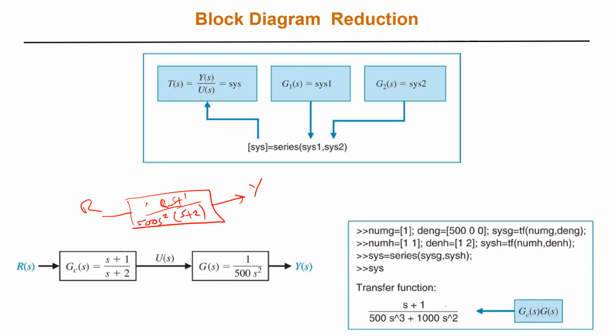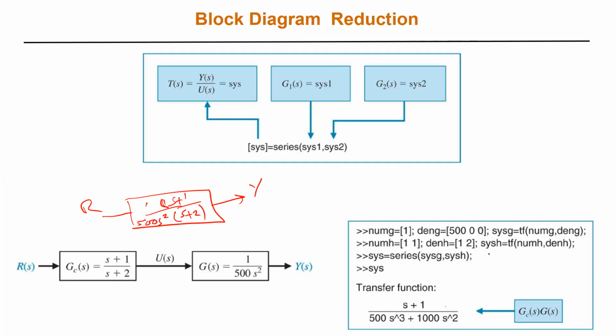It will expand. Let me define, for example, this system, call it sysG. The numerator is 1, denominator 500, 0, 0. And then I have the other system, numerator 1 and 1, and denominator 1 and 2.